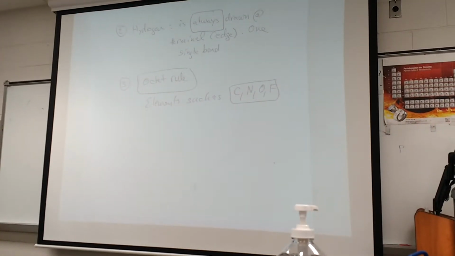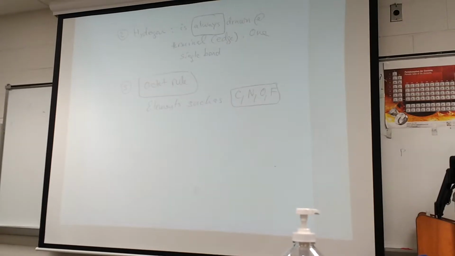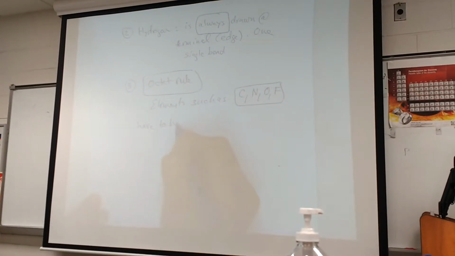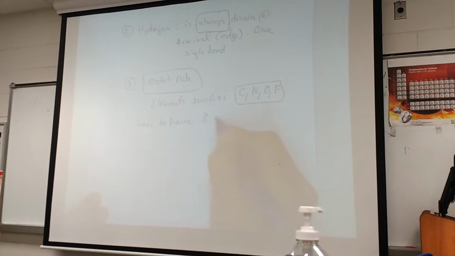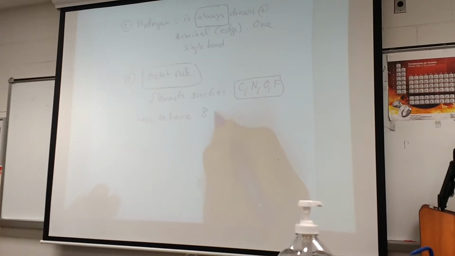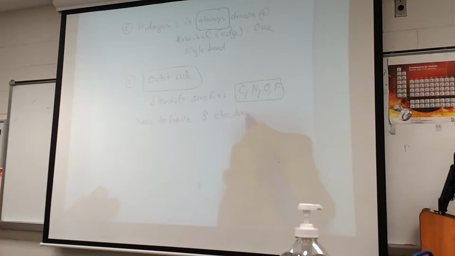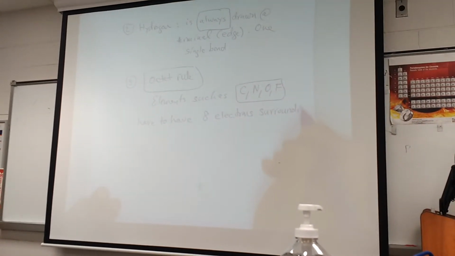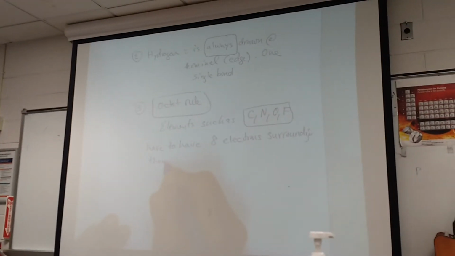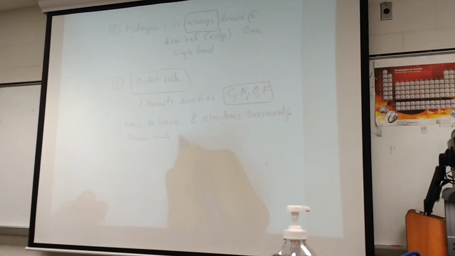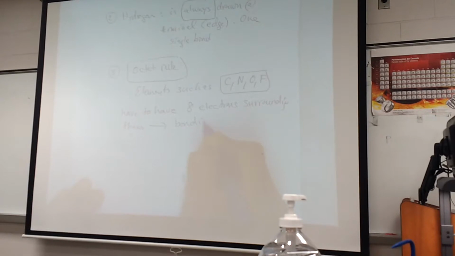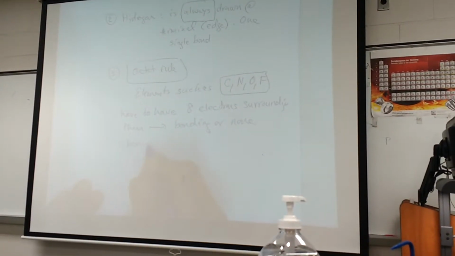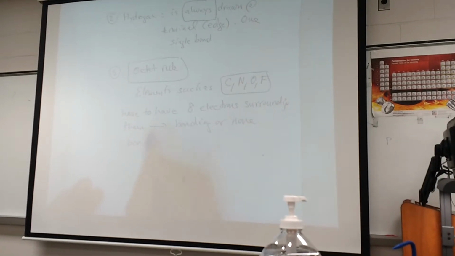They have to have 8 electrons surrounding them, and this is bonding or non-bonding. Okay guys, this is the most important rule now.